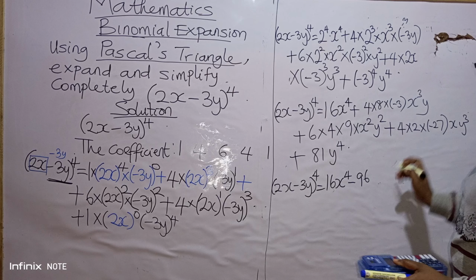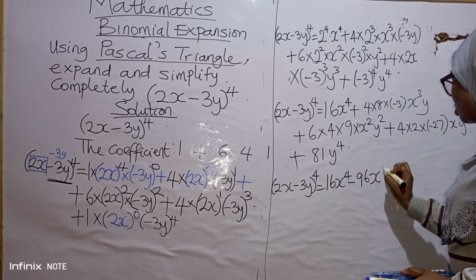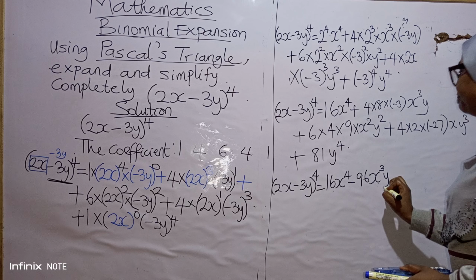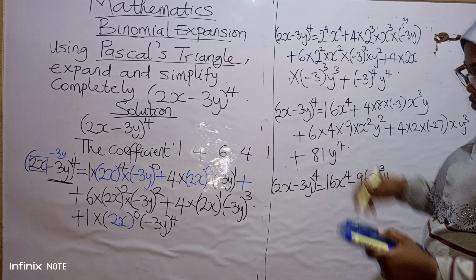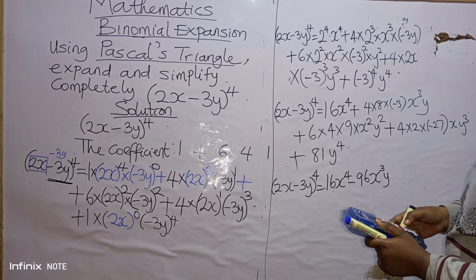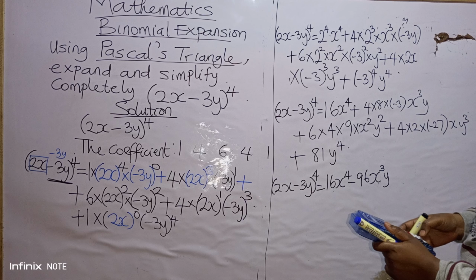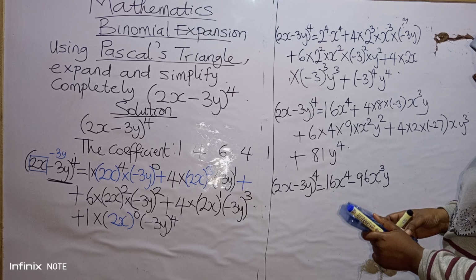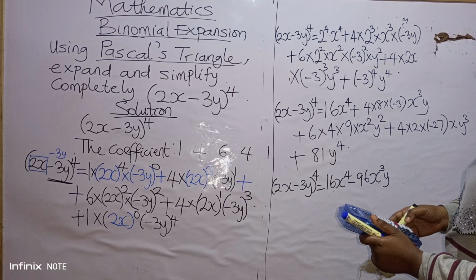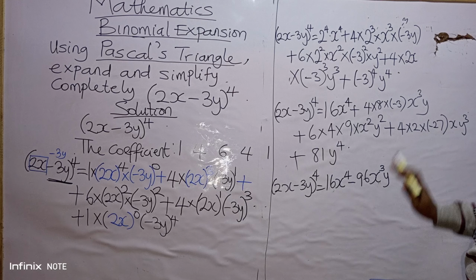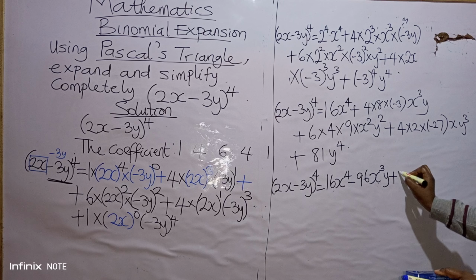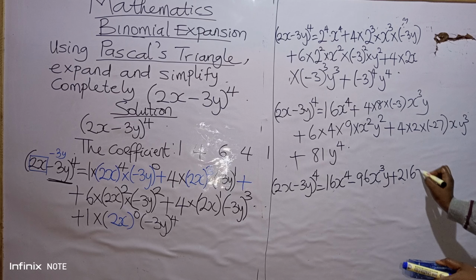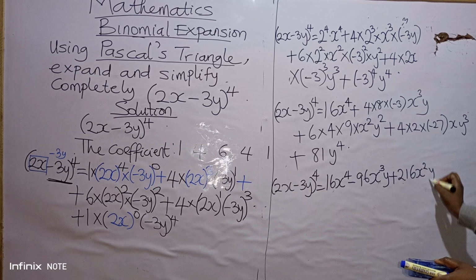I think I've done that before. Then I have x cubed y. Then 6 multiplied by 4, 24. 24 multiplied by 9, that's 216. So is it going to be plus or negative? Plus. So it'll be plus 216 x squared y squared.